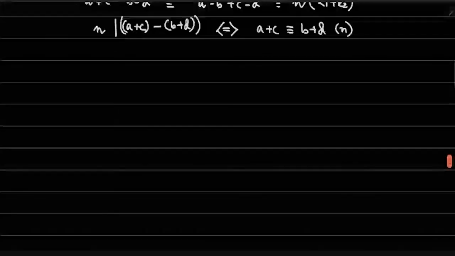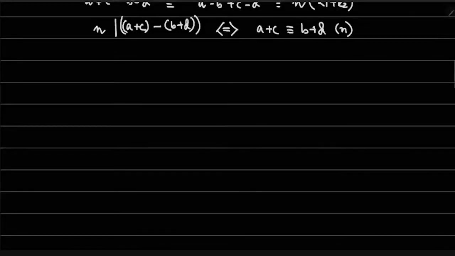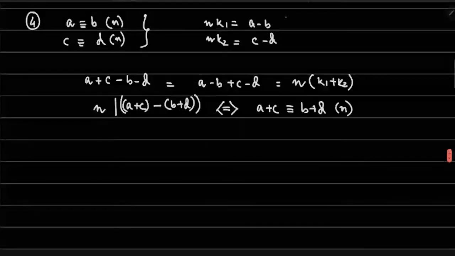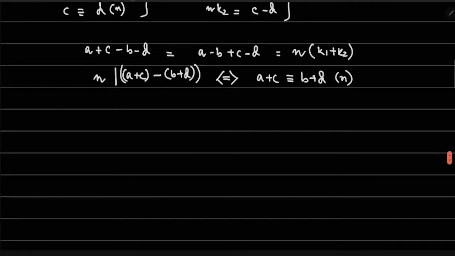Similarly, if we talk about AC is congruent to BD mod n or not, let's check. From here, we know that A minus B and C minus D both are integer multiples of n.